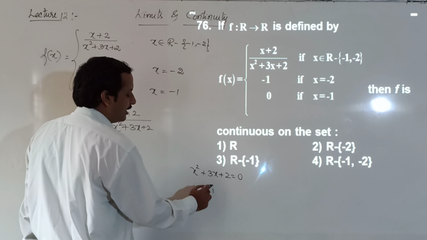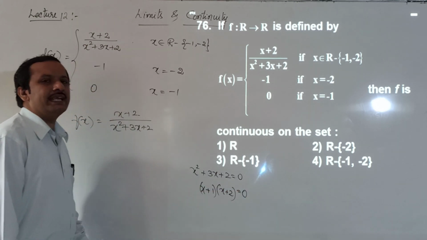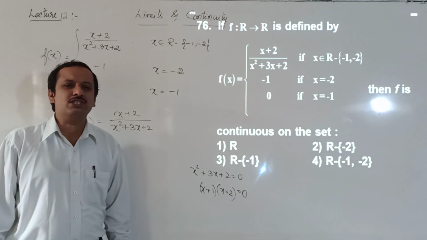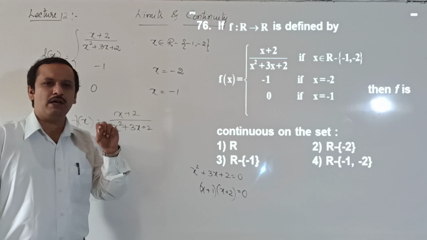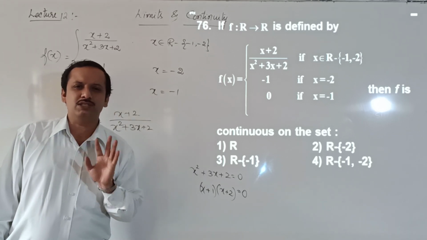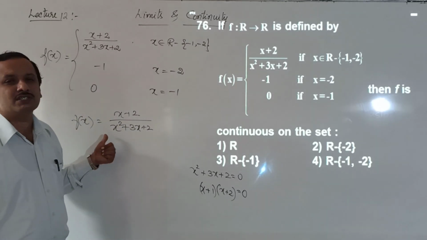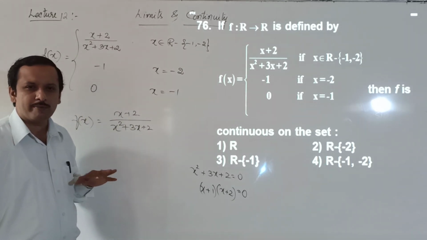On factorization, you get (x + 1)(x + 2) equal to 0. That means at x equal to minus 1 and at x equal to minus 2, denominator is 0. But we are not talking about minus 1 and minus 2. Now I am looking at all real numbers except minus 1 and minus 2. So everywhere else the function is defined like this, so everywhere else it is continuous. No doubt about that.